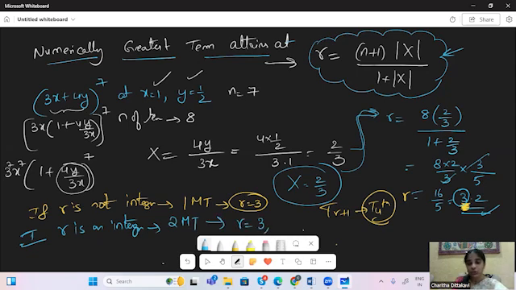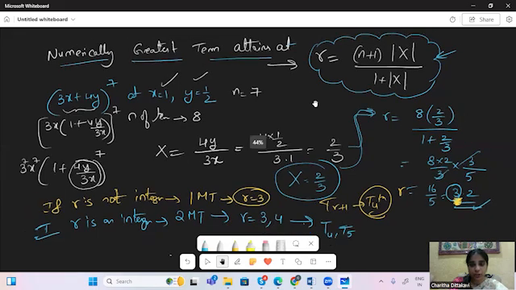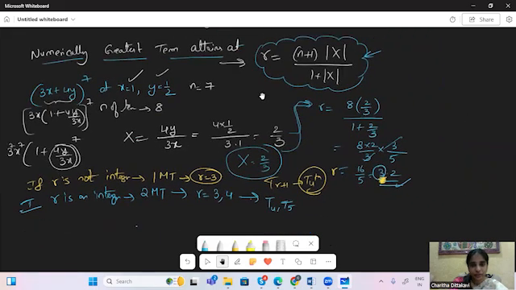At r equal to 3, and the very next one, obviously 4 also. So the numerically greatest terms are T r plus 1, that is T4 and T5. Understood that fact? Clear? So please mention these 2 points very clearly. After finding your r, you need to understand: if r is an integer, how many middle terms?